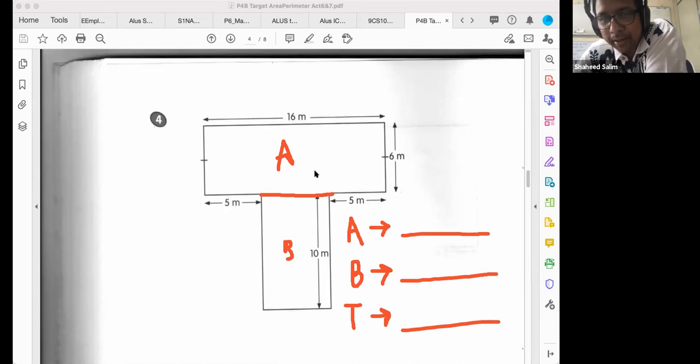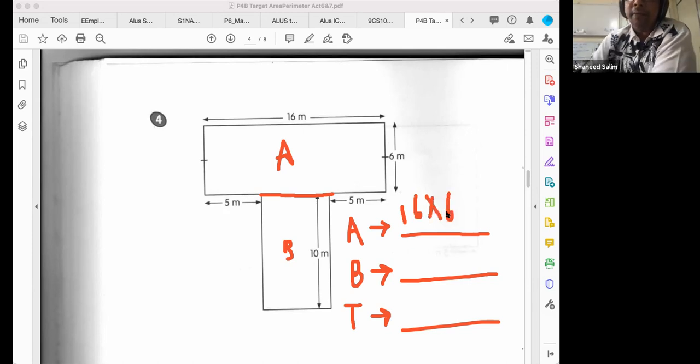Can you see A, right? What's the length? The longer one. 16 or 6? 16 is the longer one, times the breadth, 6.